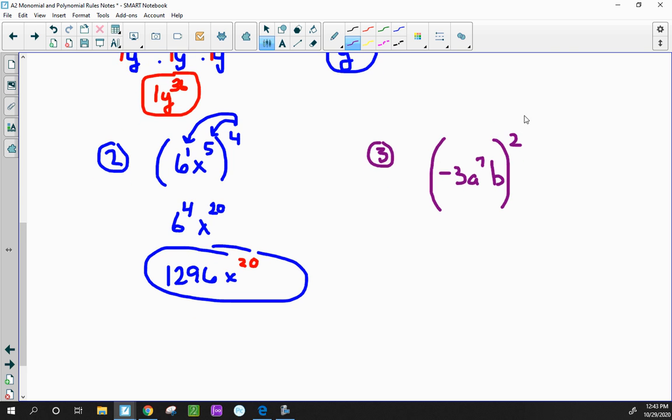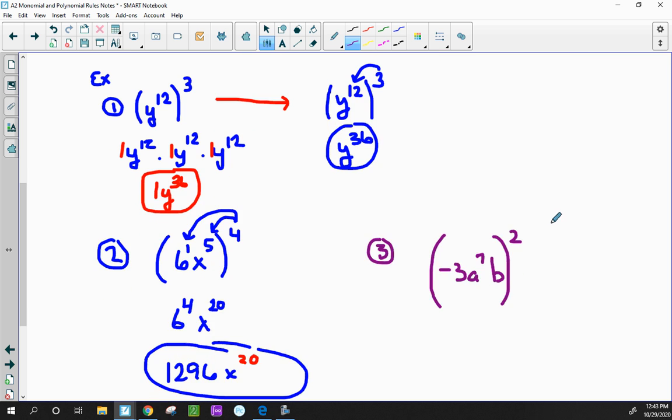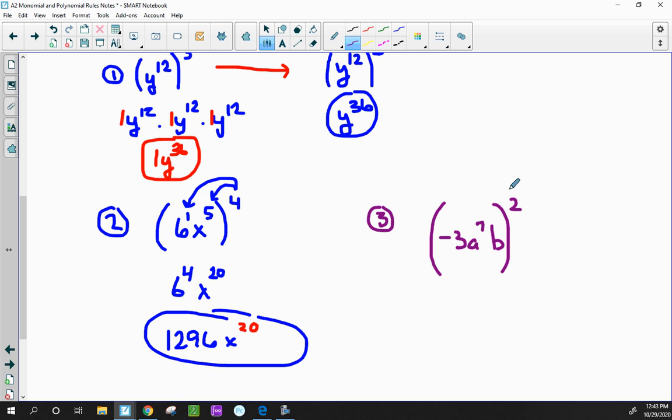That's your first clue, that it's going to be this rule. Okay, your job is to multiply again for the 3rd time all the powers outside by the powers inside. Keep in mind, number has power as well, and the b also has a 1. So you're technically supposed to take the 2 and multiply it by the 1, and by the 7, and by this 1. And so here's what it's going to look like.